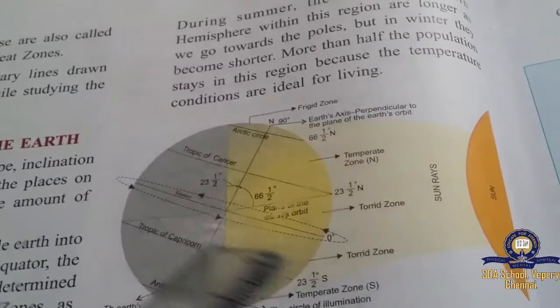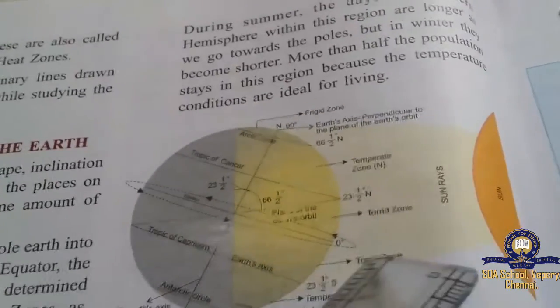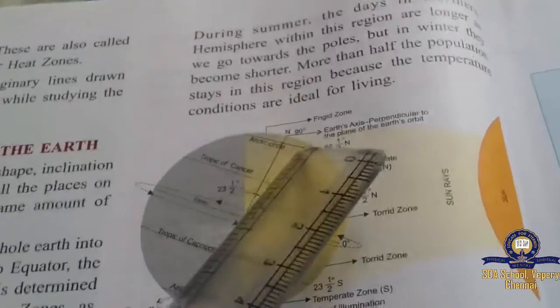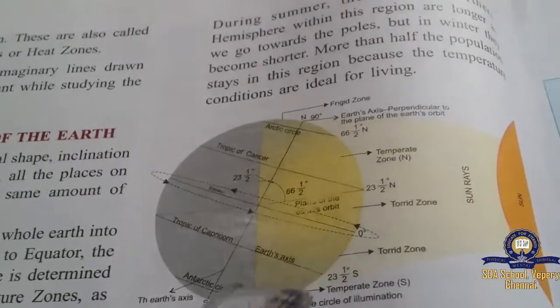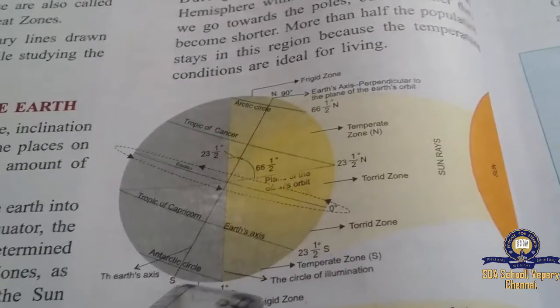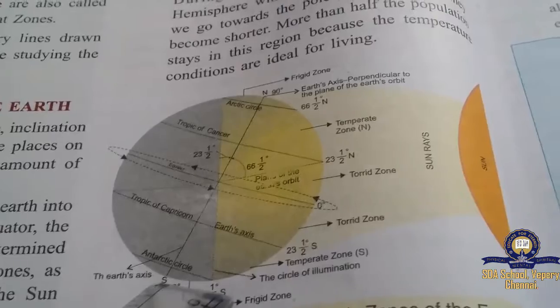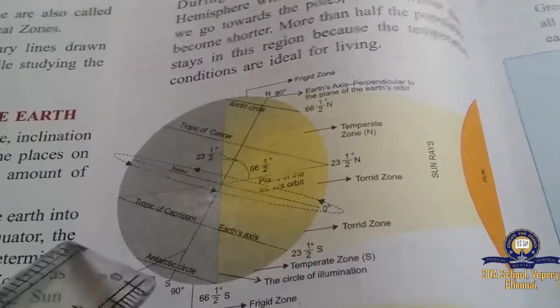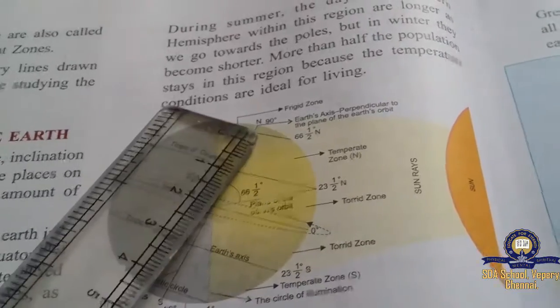When the earth rotates, the sun shines here and slanting rays fall here, but both the poles cannot see the sun. That's why both the poles always have very low temperatures, zero and below. Frigid zone, very cool place, snowy place, the Antarctic pole and the Arctic pole.